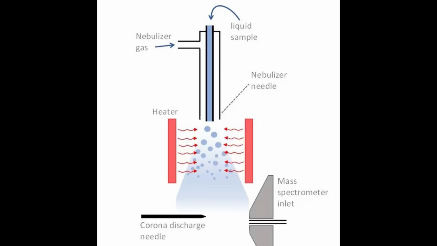This was a total game changer because it provided an interface for liquid chromatography with mass spectrometry, which was previously impossible because of the incompatibility of liquid with the high vacuum of MS. With API, the LC eluent, the liquid coming out of the column, vaporizes and ionizes to form gaseous ions, which are then introduced into the mass spectrometer. This happens at atmospheric pressure, not in a vacuum, which solves the fundamental compatibility problem.